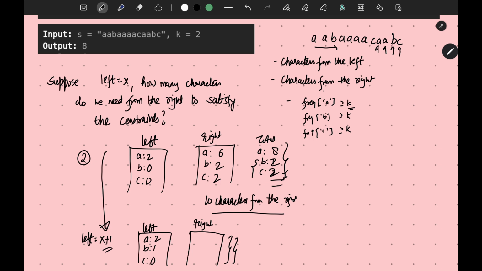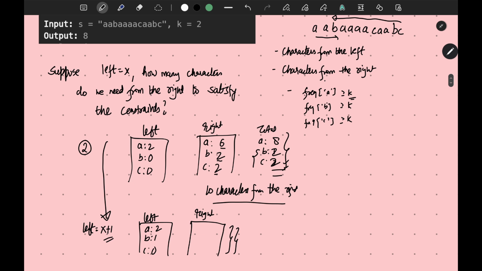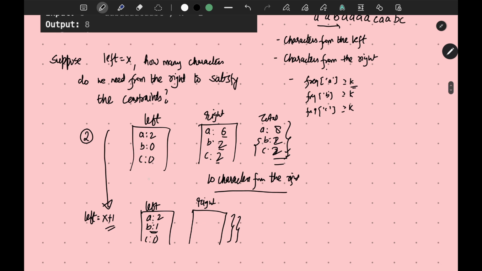Let's see. In the previous approach we were taking this many characters. So that means we would have A6, B2, and C2. Now what just happened? If we increase the number of characters by 1 from the left, we are adding only a single B from here to here.